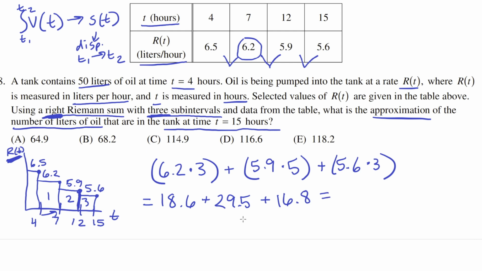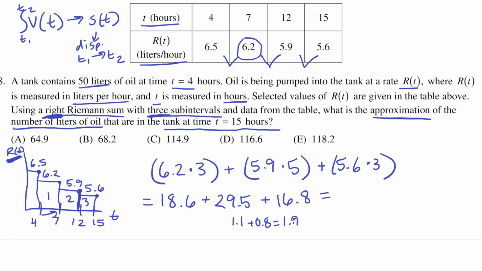Now we can just add all these together. So 0.6 plus 0.5 is 1.1, sorry, and then adding 0.8 gives us 1.9.